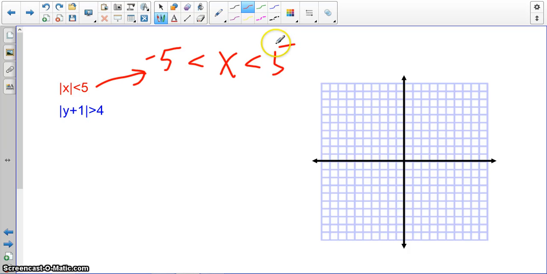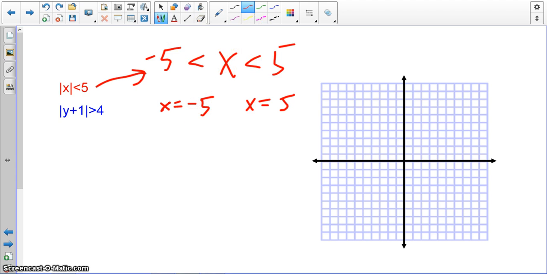So this literally looks like x is between 5 and negative 5. Well, that's true. That's exactly where you would shade. All the x's are between 5 and negative 5. So remember, x equals 5 is the boundary, and x equals negative 5 is the other boundary.